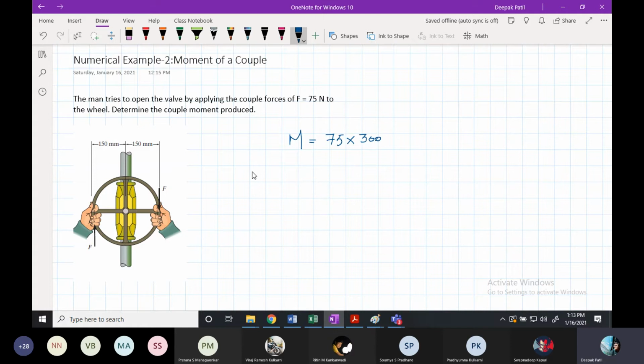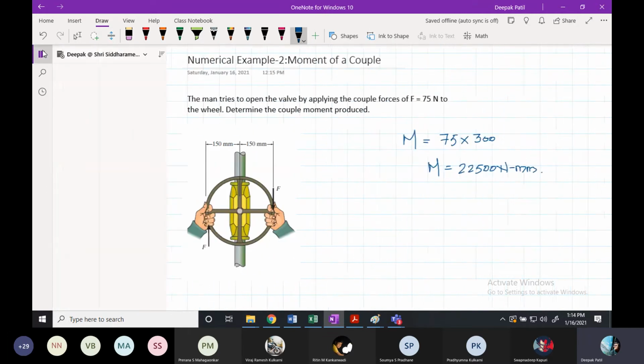So how much are you getting? 75 multiplied by 300, you are getting 22,500 newton millimeters. Is it okay, students? Is that clear? Yes, sir.